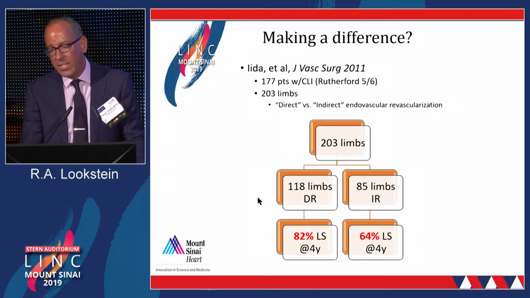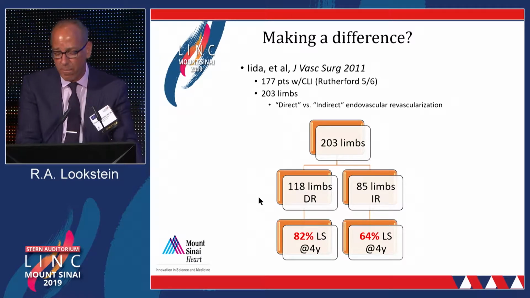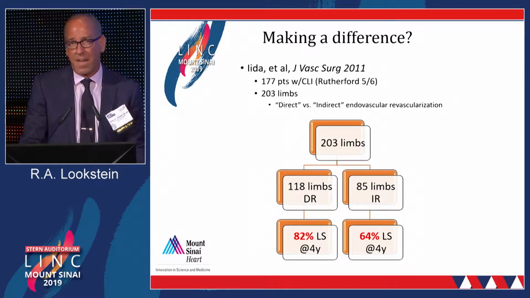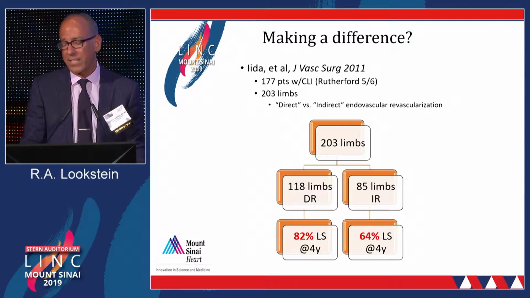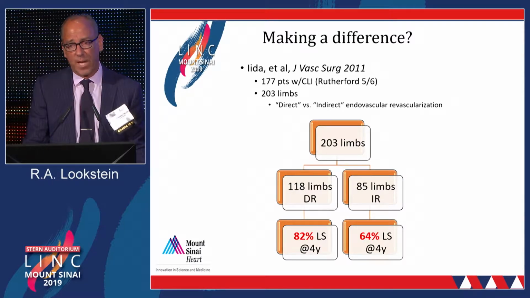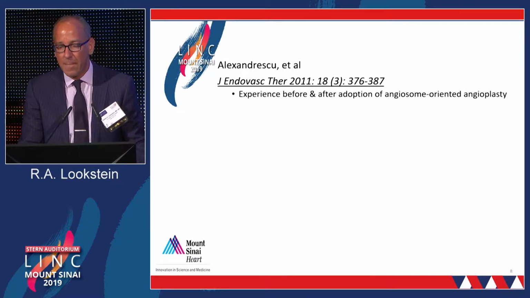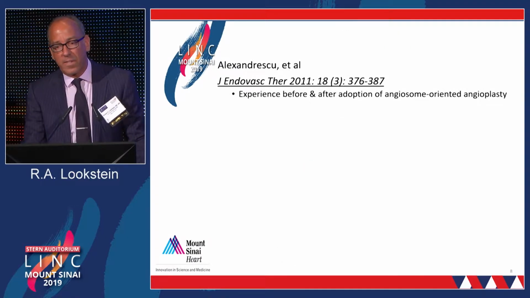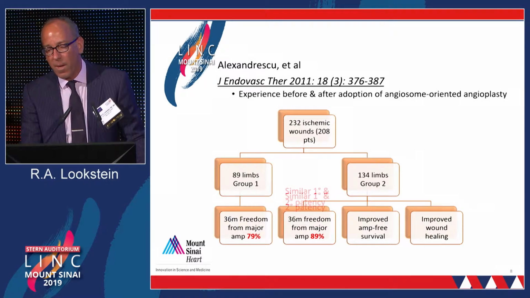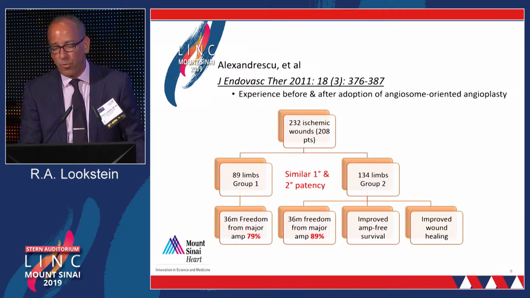Here's another example, a publication in Journal of Vascular Surgery from Osamu Ida in Japan, another physician who's dedicated his entire practice to the treatment of critical limb ischemia, where he compared 118 patients with direct revascularization versus 85 with indirect revascularization. And again, you can see the limb salvage rates are significantly divergent, favoring direct revascularization. Lastly, a study from earlier this decade by Alexandrescu from Europe, who again looked at 2 different groups.